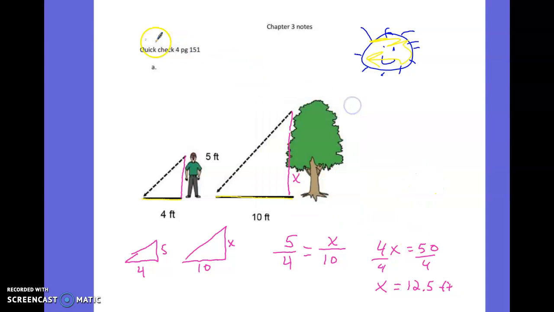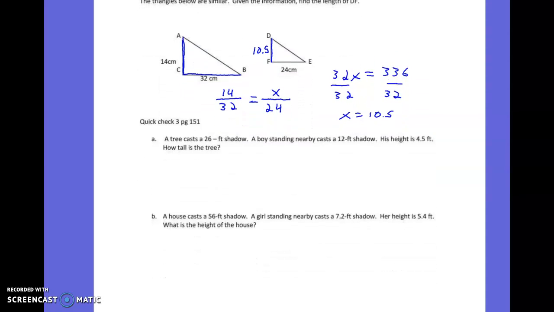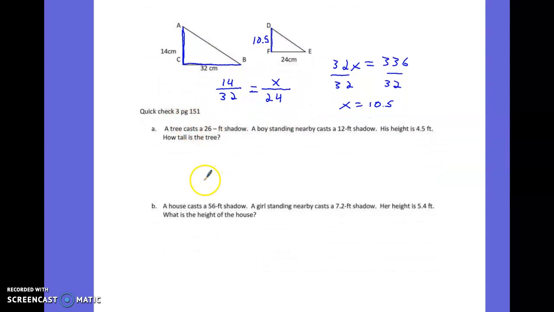Going back to the previous example, over here you have a tree that casts a 26-foot long shadow. Here you can either set it up with real pictures, or set it up as triangles. We'll call this our tree, with a shadow of 26 feet. Here's basically our triangle. A boy is standing nearby, so here's our boy.